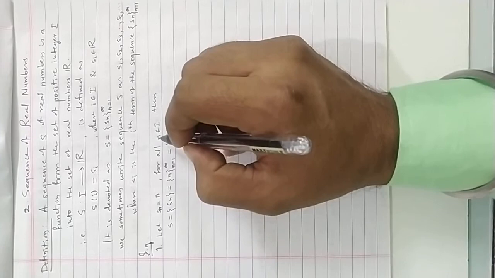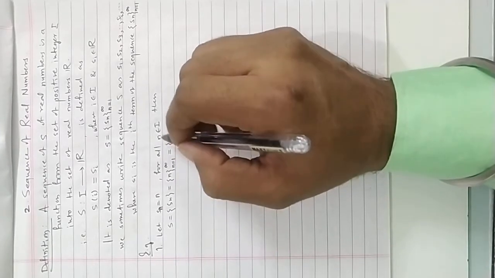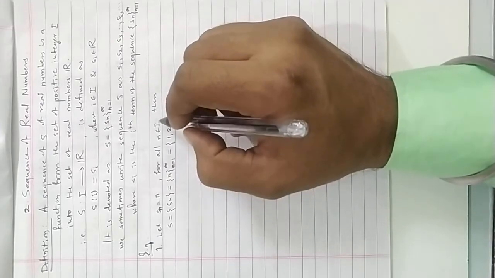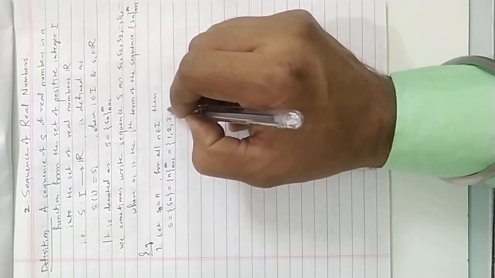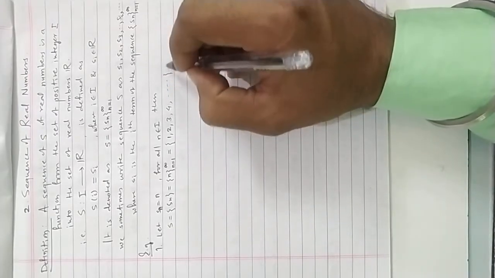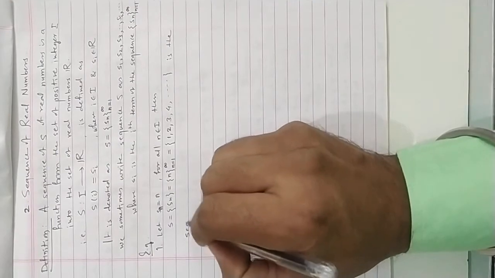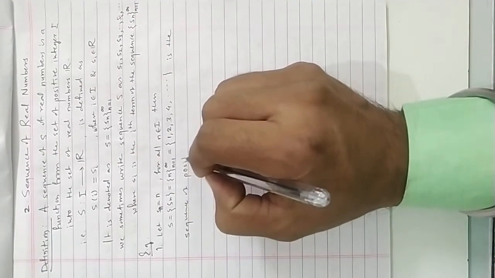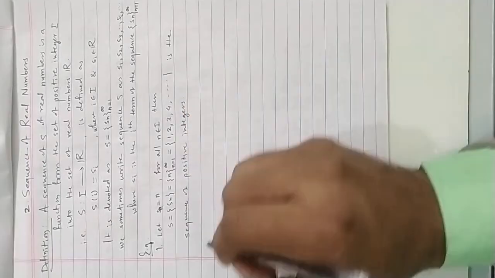The sequence will be 1, the first term for n equal to 1, the second term for n equal to 2 is 2, the third term is 3, the fourth term is 4, and so on. And definitely it is the sequence of positive integers, right?